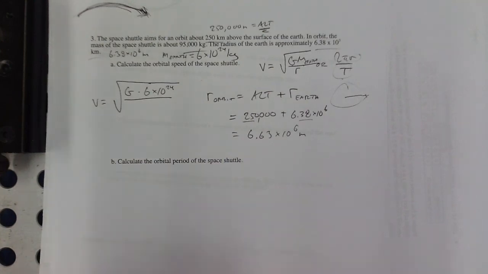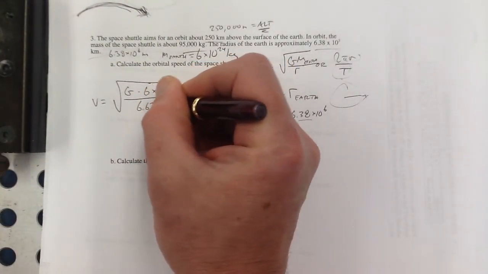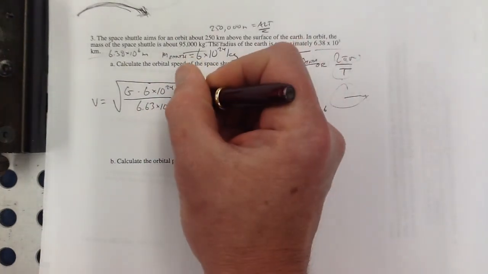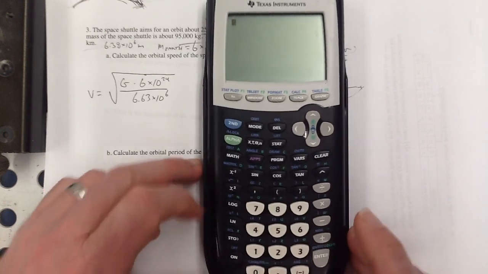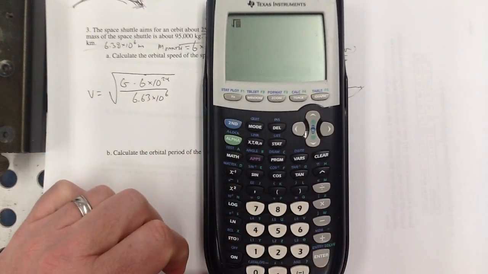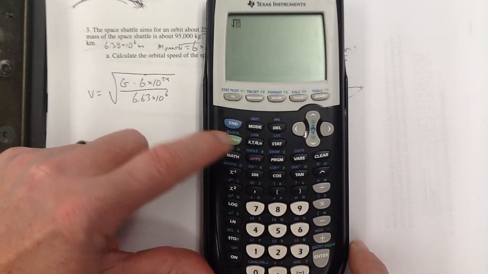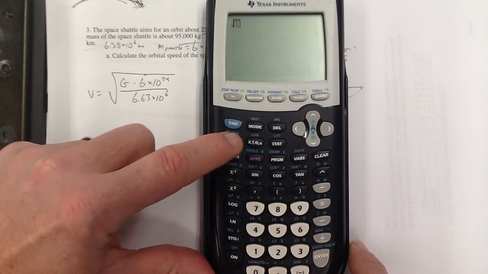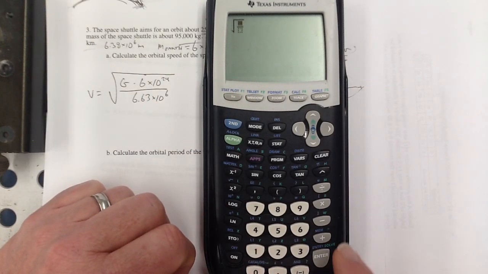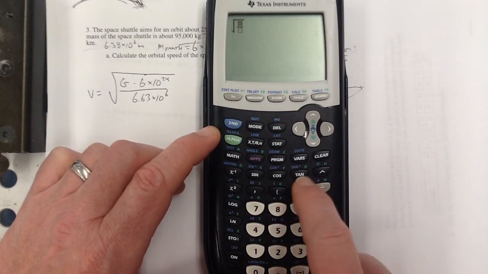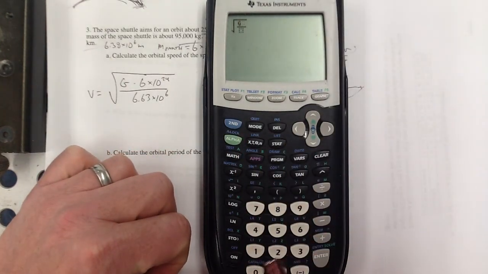All right, so let's try to do that. Square root, we're going to make my big fraction. There we go, there it is. I got my G stored. If you're wondering, does it keep track of the G after you turn the calculator off?